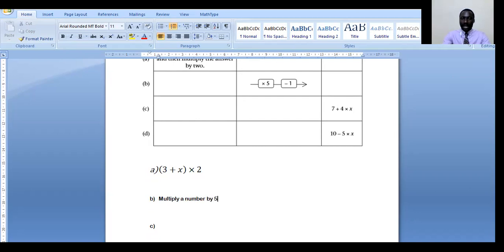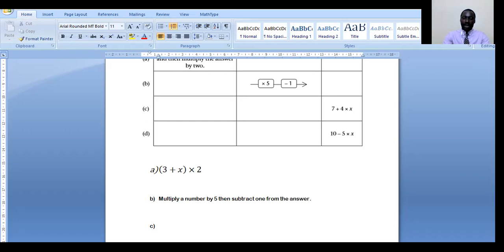Yes. Then subtract 1 from the answer. Then subtract 1 from the answer.